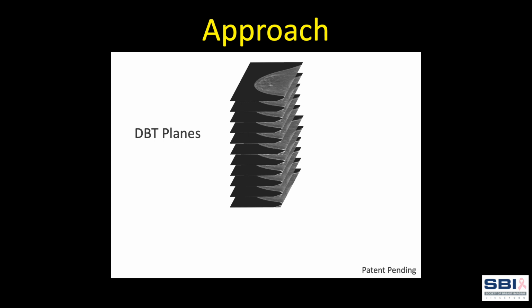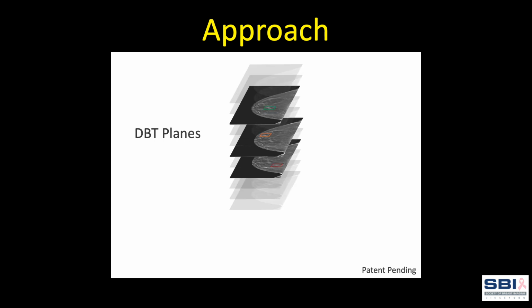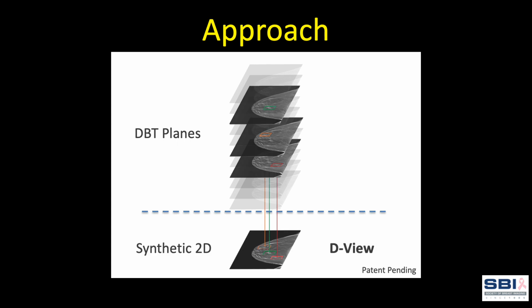So focusing on the generating algorithm, we developed an approach that uses a pre-trained AI model to sift through all of the DBT slices, and at each spatial location, the AI model finds the region that appears the most suspicious out of all the planes. The most suspicious regions at each location are then collapsed and merged using additional image processing techniques into an optimized 2D synthetic.